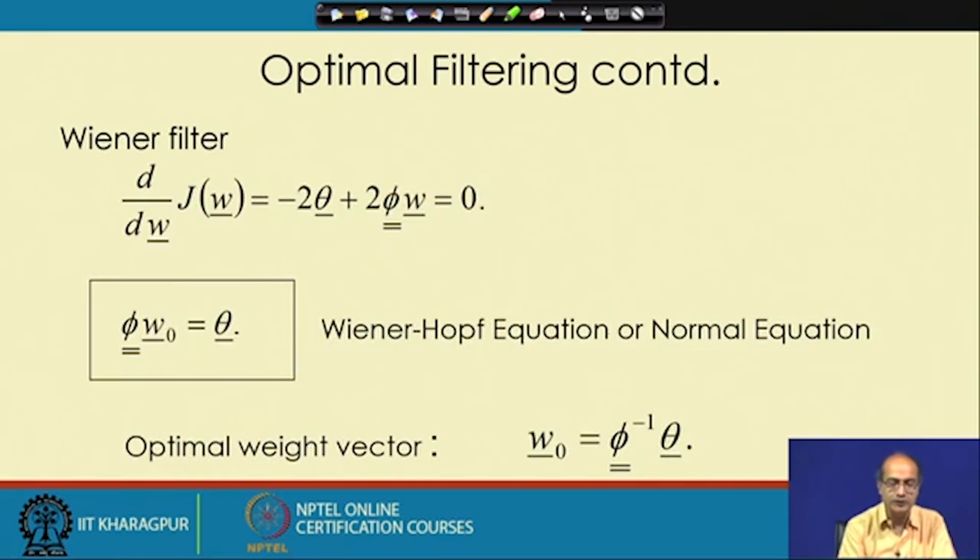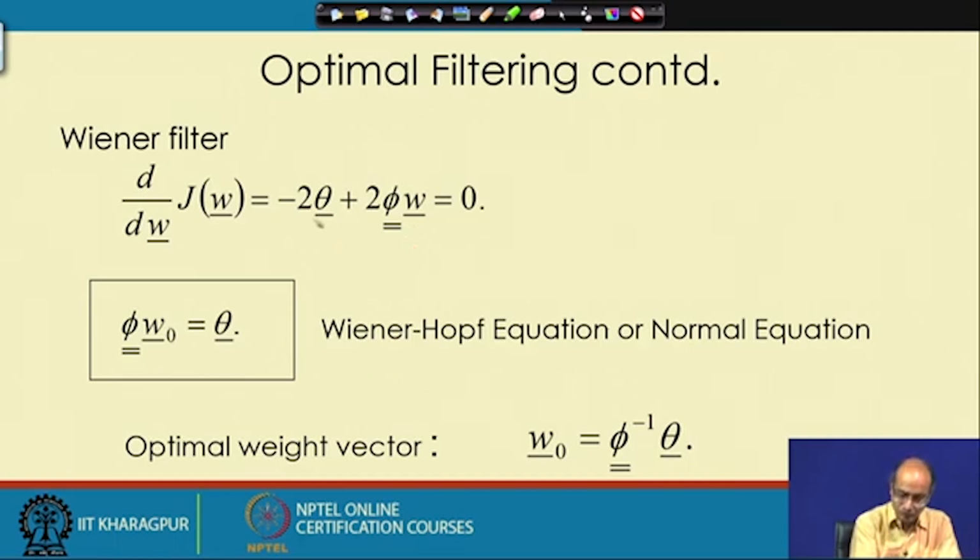By substituting the values of the derivatives of those 4 terms for the Wiener filter, we get the first term, the derivative of the variance of the desired signal, contributing 0, and the second and third terms contributing minus 2 theta, and the fourth term contributing 2 phi w.